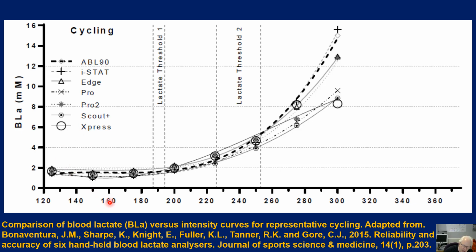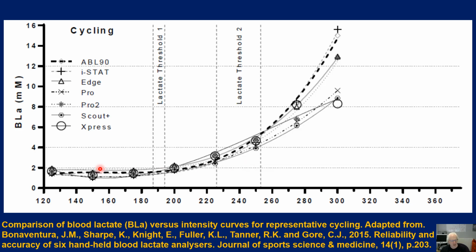But you can see there are inherent differences. Down at the lower intensities, there's pretty good agreement. But as we get to higher exercise intensities, look at the differences here in these devices. Now, one could argue, well, that's not a problem if I'm trying to identify these lower workloads. Agreed, but there is still a little bit of variability here.